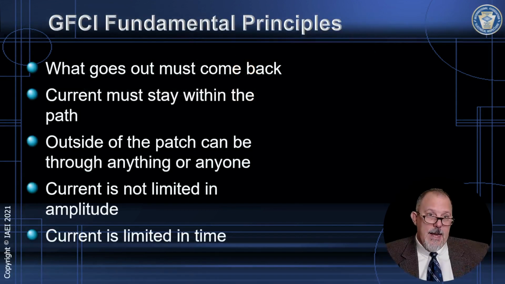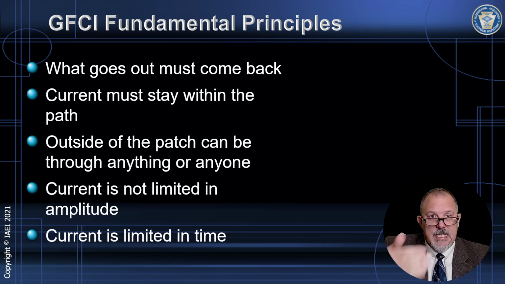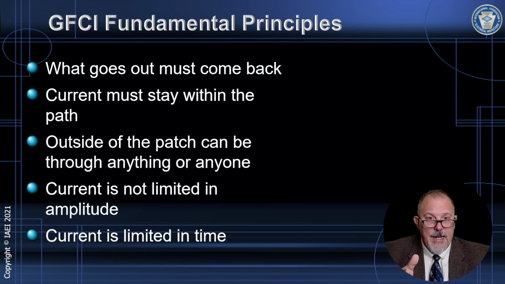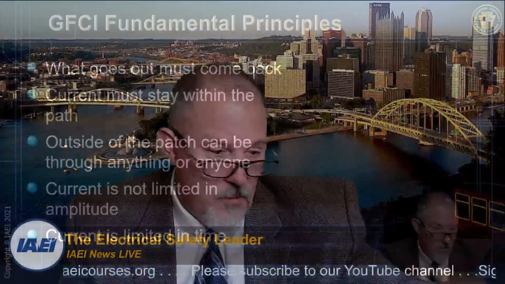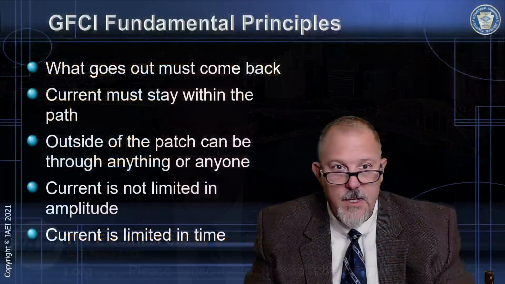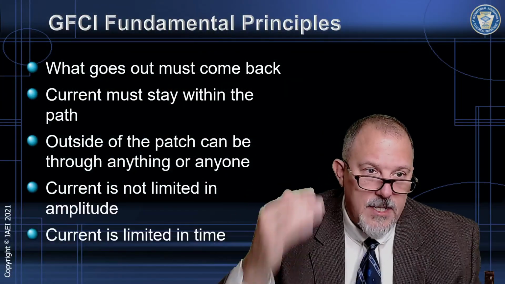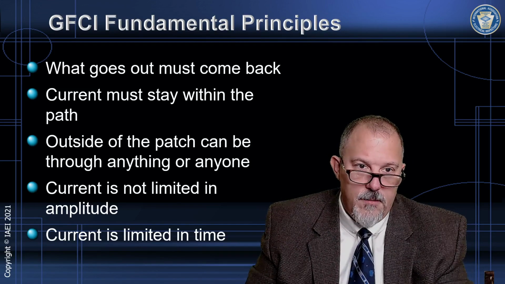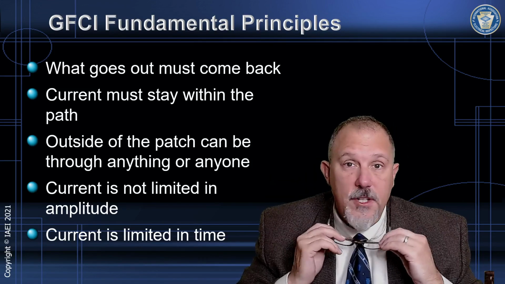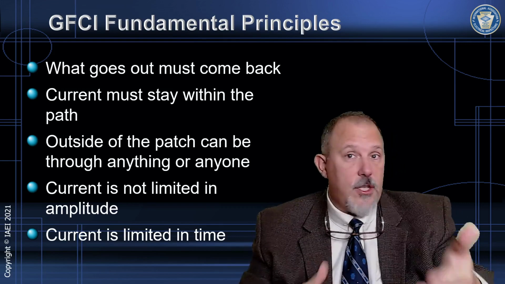All right, now, GFCI fundamental principles, and I've said it multiple times. What goes out must come back. The current has to stay within the normal path. Not just the path, the normal path. So current must stay within the path, and if it goes outside of the normal path, through anything or anyone, remember, the GFCI doesn't know that the current is going through you.